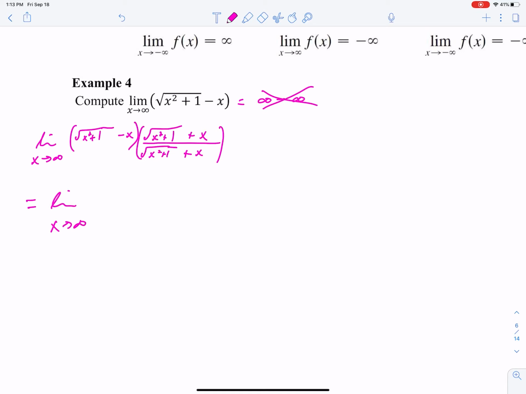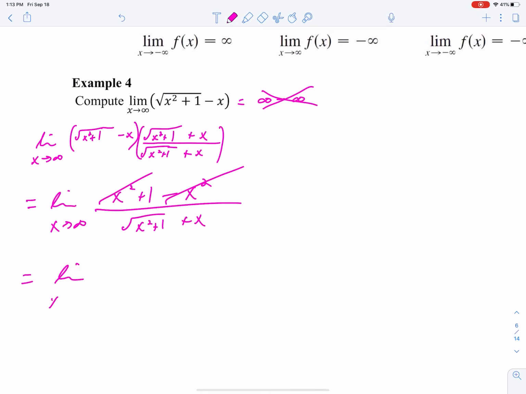Square root of x squared plus 1 times square root of x squared plus 1 is x squared plus 1. Minus x times x is x squared. Convenient, right? Over the radical x squared plus 1 plus x. Well, x squared minus x squared, those are gone. So the limit as x approaches infinity of 1 over the radical x squared plus 1 plus x.